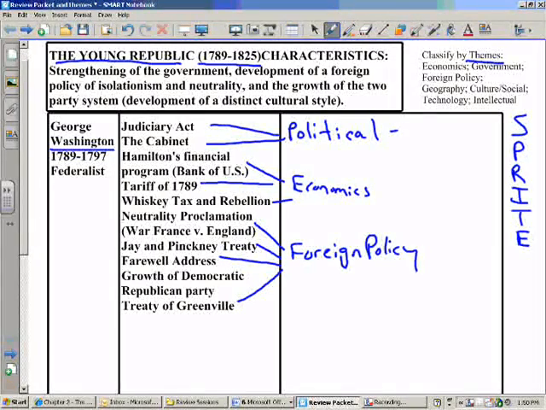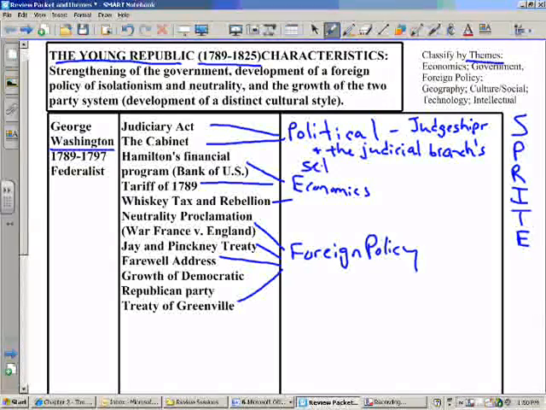So we see here that summarized, these show us that judgeships and the judicial branch were just set up. And you can see that the Cabinet refers to the President's advisors. Both in the realm of politics.